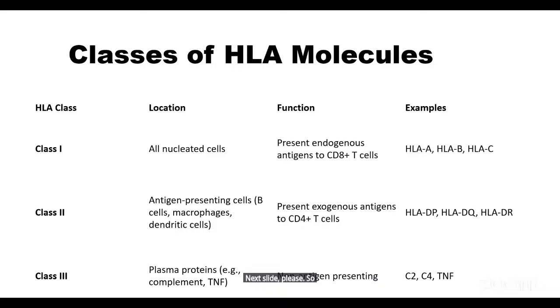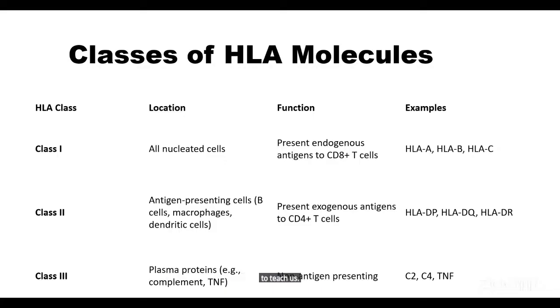So these are the classes of HLA molecules. We have class 1, class 2, and class 3. Examples are also on the slide, and what they do is also there as their function. For instance, class 1 belongs to all nucleated cells, and they present endogenous antigen to T cells.